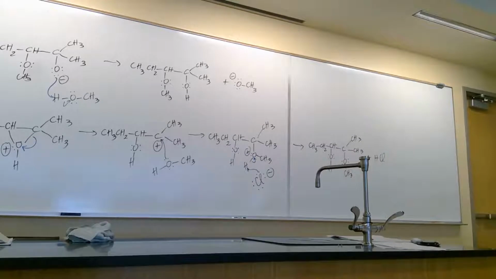If we're using a base, it will always add to the least substituted carbon because it's too much space there, too much steric hindrance. But if you add a protic acid, you're always going to get a carbocation, and that gives you the product on the last carbon. Okay?